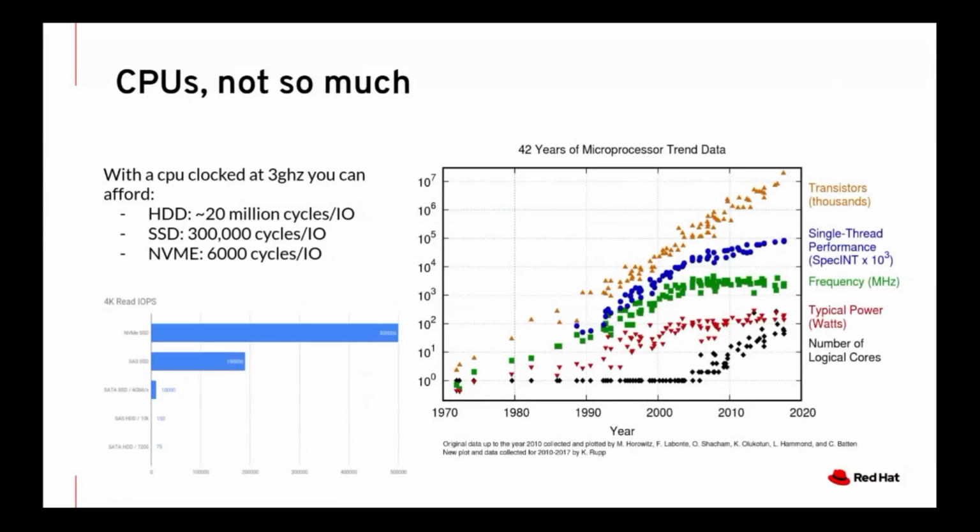With a hard disk, you might get 20 million cycles per I/O, but with NVMe devices, it's single-digit thousands. Thus, we need to drive down the CPU per IOP cost in order to be able to cost-effectively exploit these newer, faster devices.